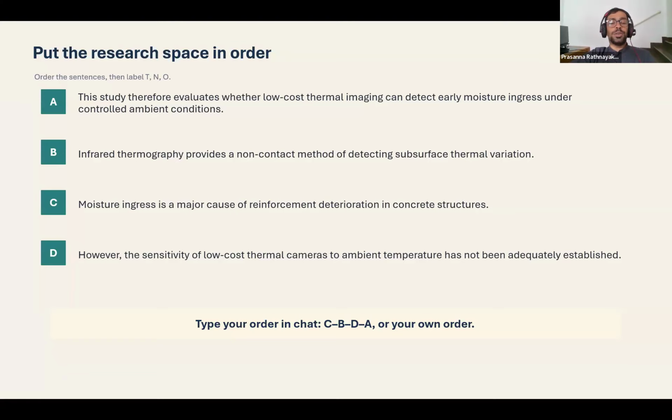It does not mean that those who have chosen CBDA are wrong. They have their own reasons. Well, good writing is not only about correct sentences, it's about the order in which the reader receives them. All right. That's a simple, useful, light activity. Let's move on to the real activity.